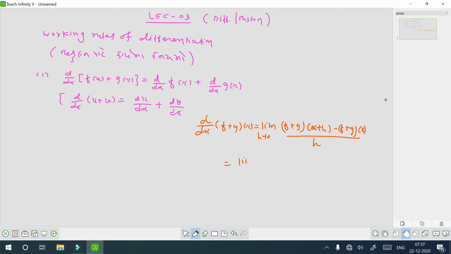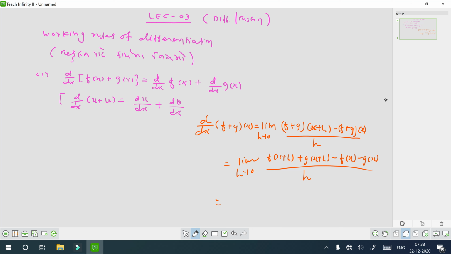So here we can write it as limit h tends to 0 of f of x plus h plus g of x plus h minus f(x) minus g(x) over h.